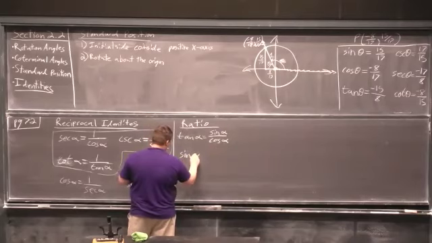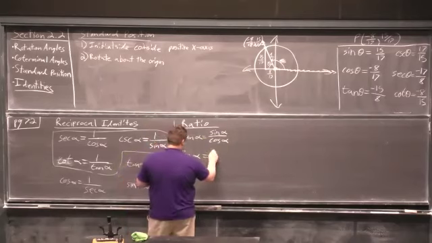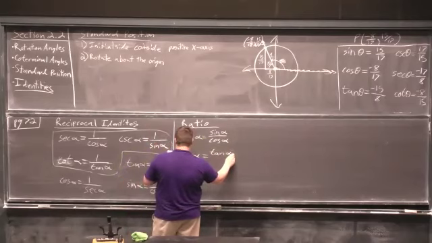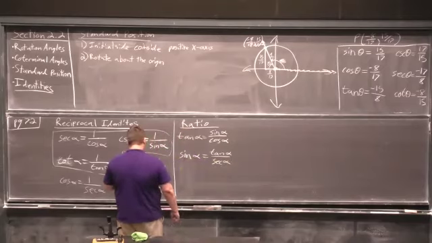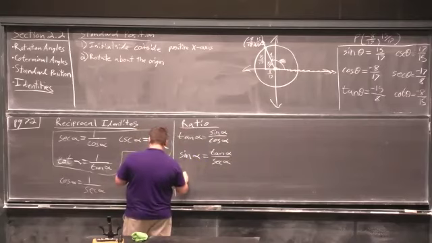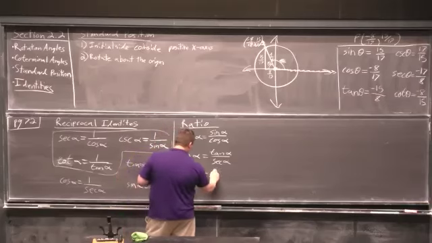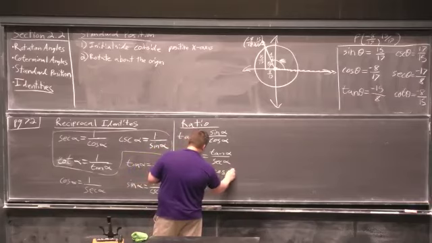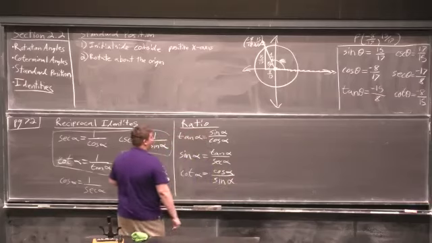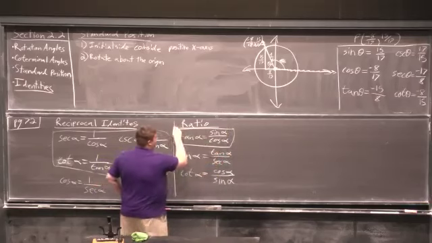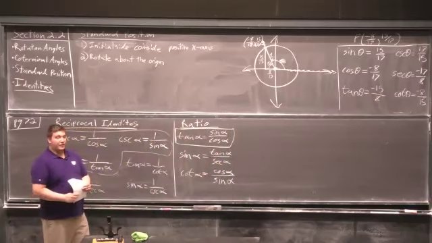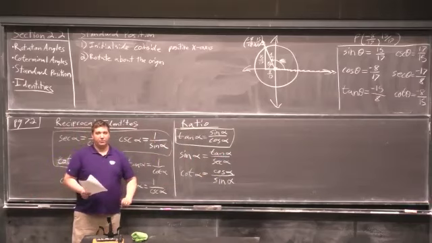Sine of alpha equals tangent of alpha over secant of alpha. And another one would be cotangent of alpha equals cosine of alpha over sine of alpha. The tangent ratio identity is the most important.